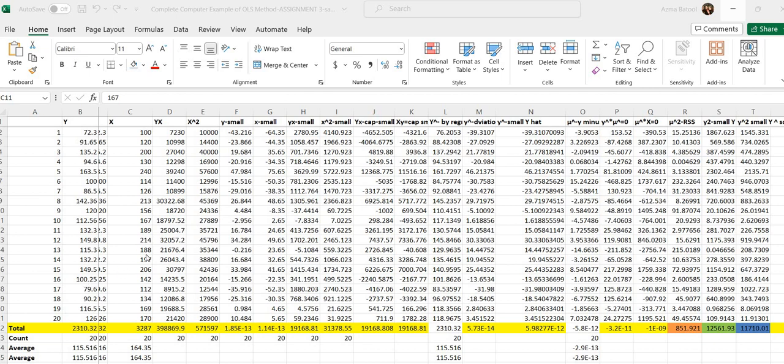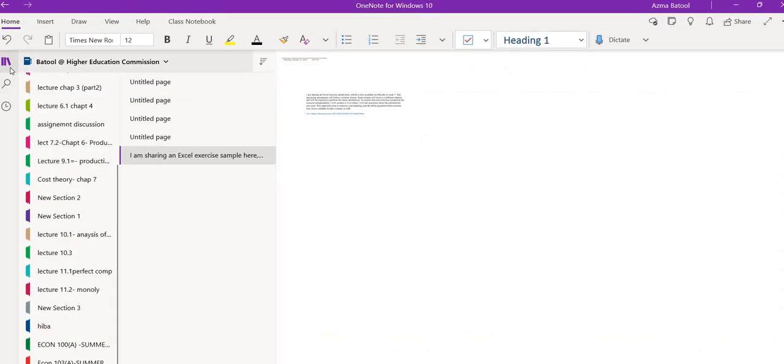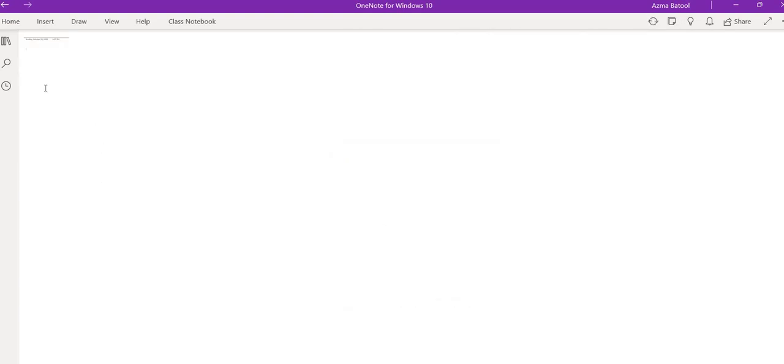So I'll start with the regression equation. Just a minute, let me open my new page. So here is my new page and let me write it down for you. This is Econ 100 300, and we are doing the regression analysis.